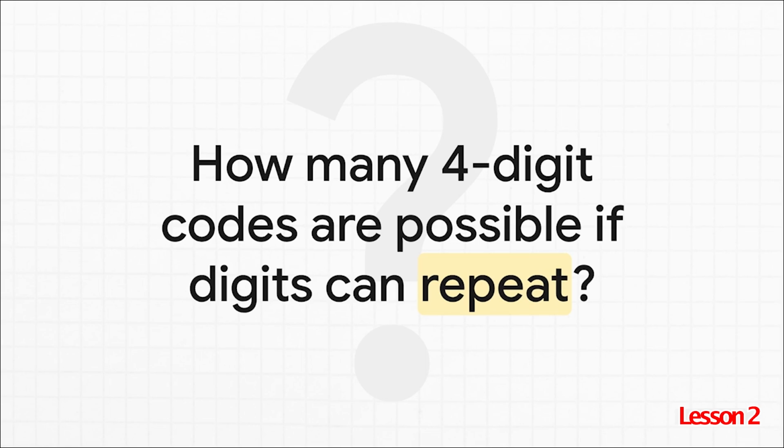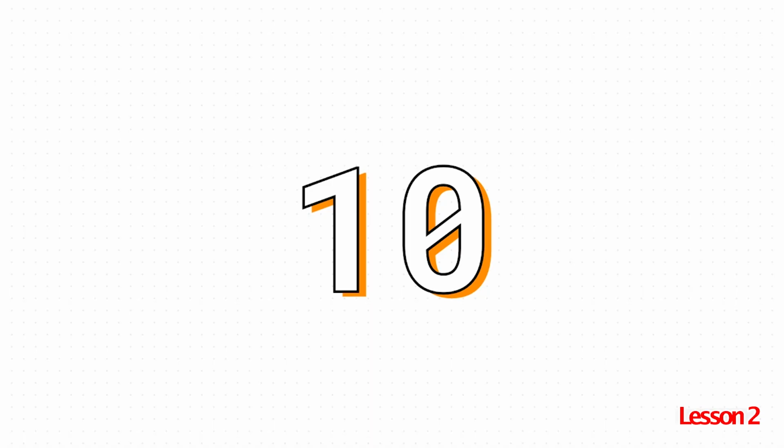Right, let's think about something a bit more high stakes. Let's think about your PIN code for your phone or your bank card. The secret here is that the digits can repeat. That's just another way of saying with replacement. If you pick a 7 for your first number, that does not mean that you can't use that 7 again. So let's build a 4-digit code together. For the very first slot, we have 10 options, 0 through 9. That's 10 choices.